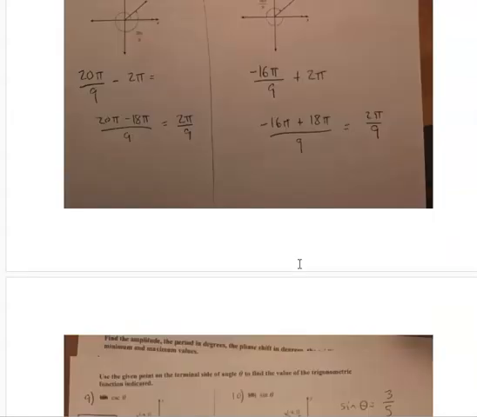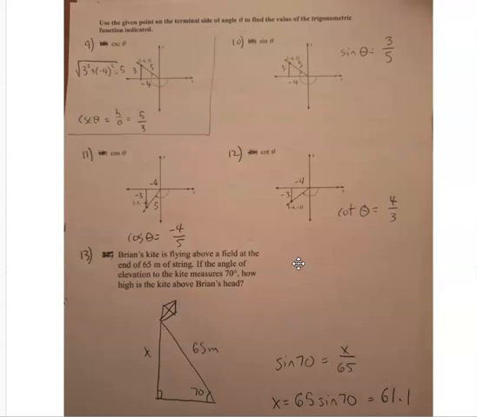Okay. Number 9, 10, 11, 12. They want you to identify the trigonometric ratio based on the information you're given in the picture, and you're given a coordinate of -4 and 3 for the first two, for 9 and 10.